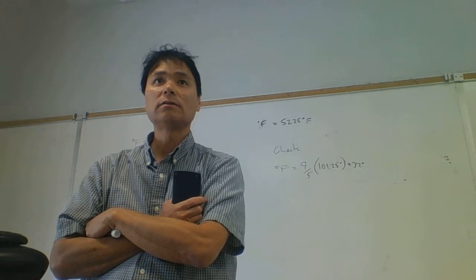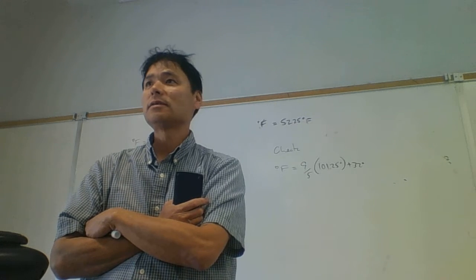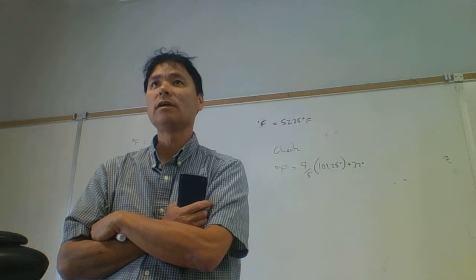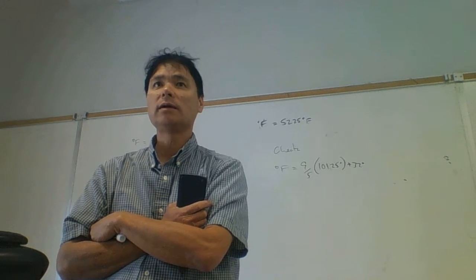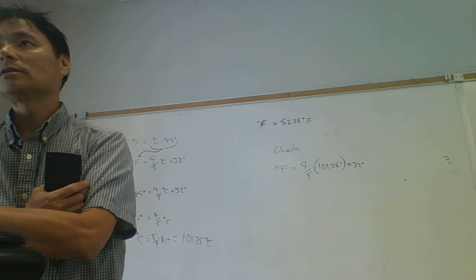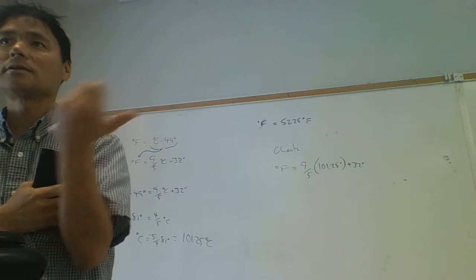Does that look right to you? No, that doesn't sound right. I mean, 52.25 degrees Fahrenheit is an awfully cold day. Water is not going to be boiling there. It doesn't make sense. So I made a mistake. I must have made a mistake because it's impossible.